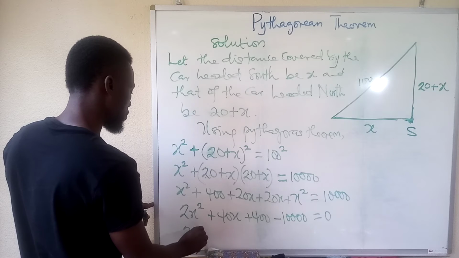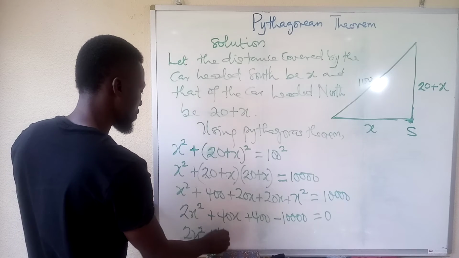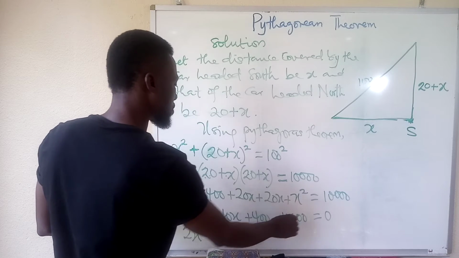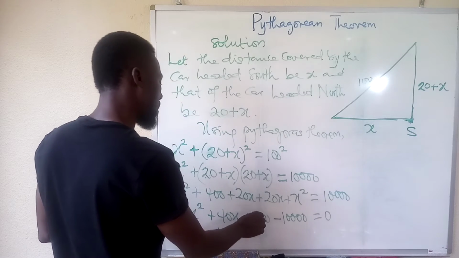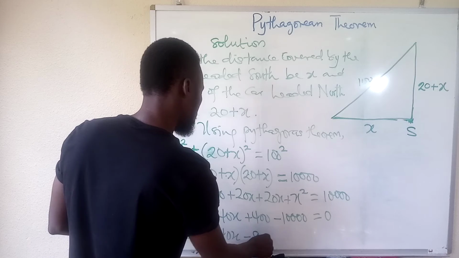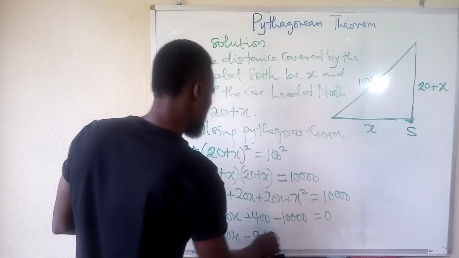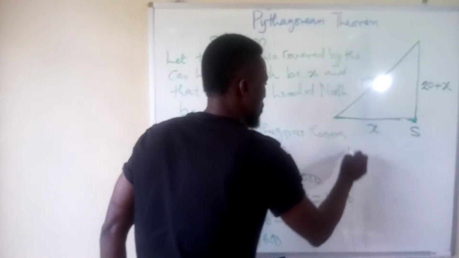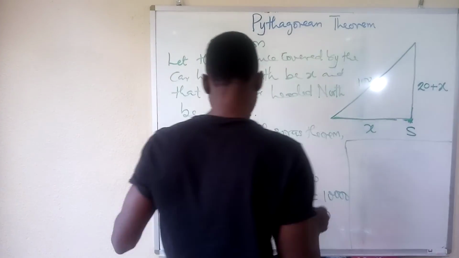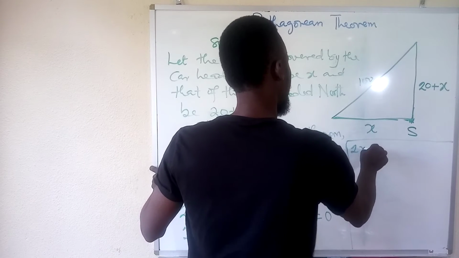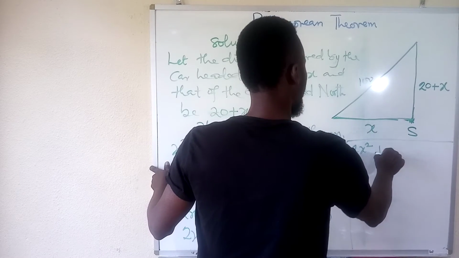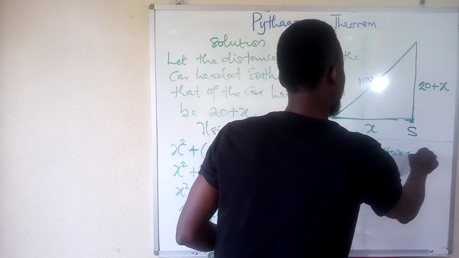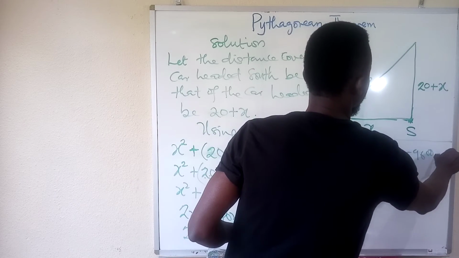So we shall have 2x squared plus 40x, and here there will be minus. So 400 minus 10,000 will give us negative 9,600. So now we have 2x squared plus 40x minus 9,600 equal to 0.